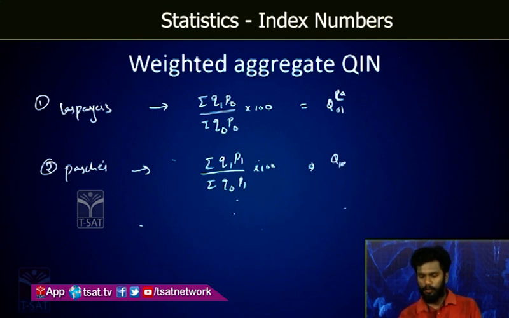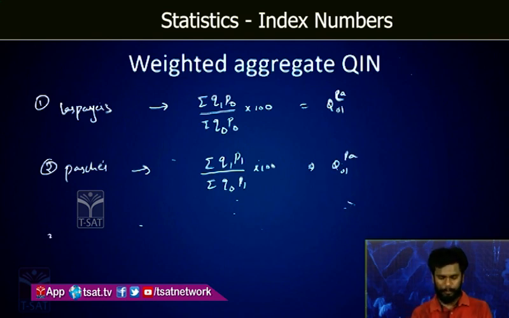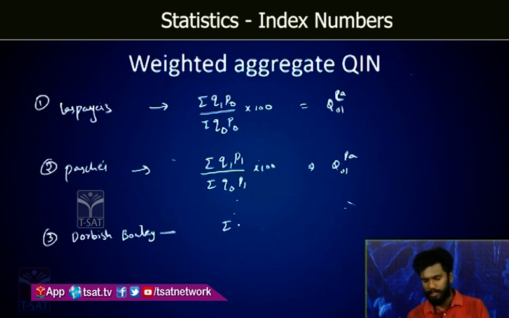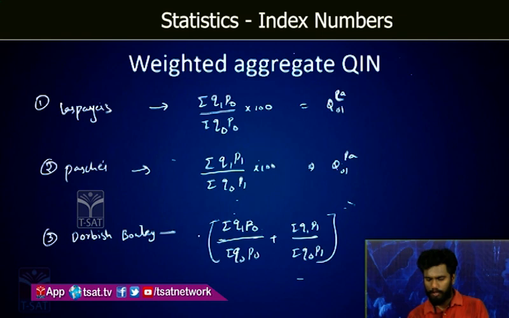It is denoted by Q01 PA, Paasche. Third one, Drobisch-Bowley, and the formula is given by the arithmetic mean of the first two, that is, summation Q1 P0 divided by summation Q0 P0 plus summation Q1 P1 divided by summation Q0 P1, into half into 100, which is denoted by Q01 DB.